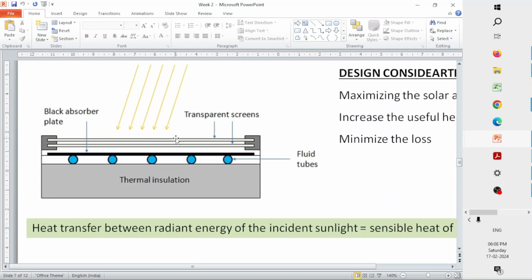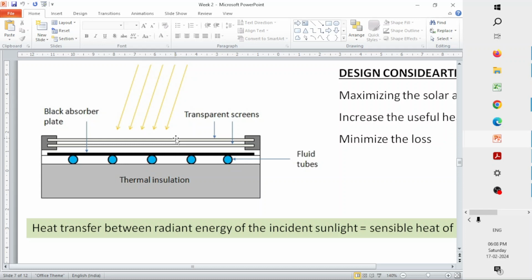But we cannot assume every thermal insulation will completely block the heat, so some amount of radiation will diffuse out to the environment. This is the working principle, the way the heat gets absorbed by the fluid tube.